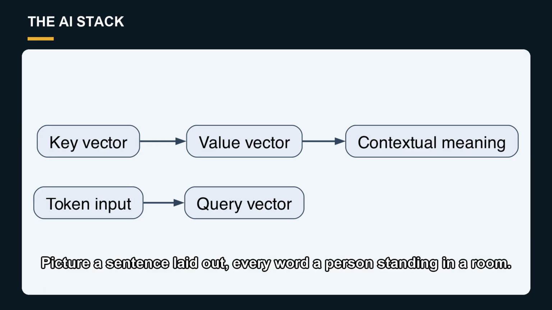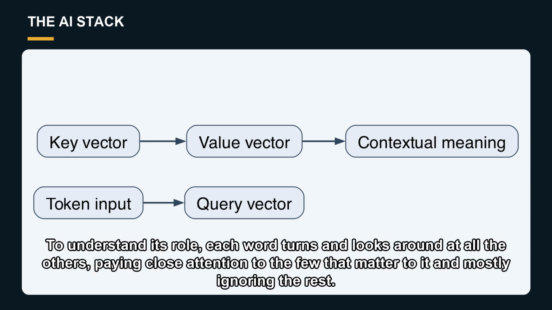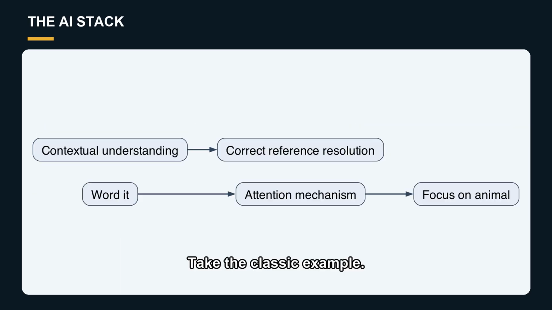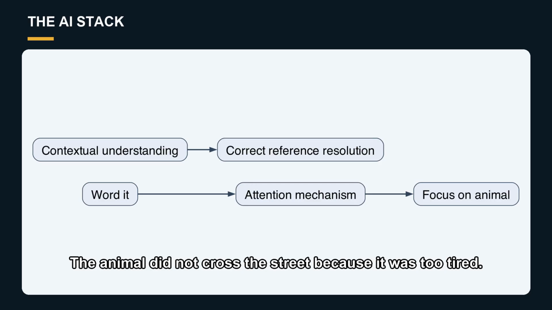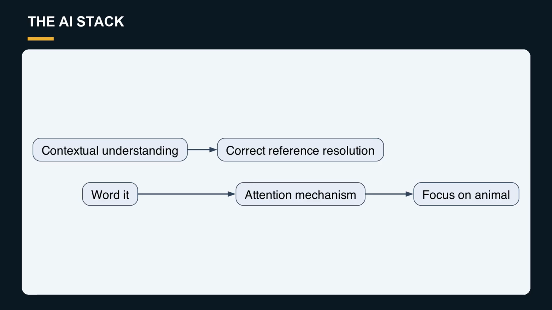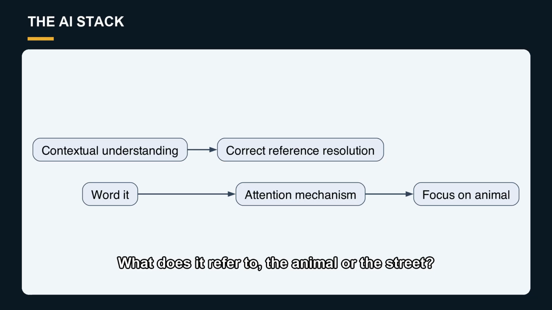Picture a sentence laid out, every word a person standing in a room. To understand its role, each word turns and looks around at all the others, paying close attention to the few that matter to it and mostly ignoring the rest. Take the classic example. The animal did not cross the street because it was too tired. What does "it" refer to, the animal or the street?